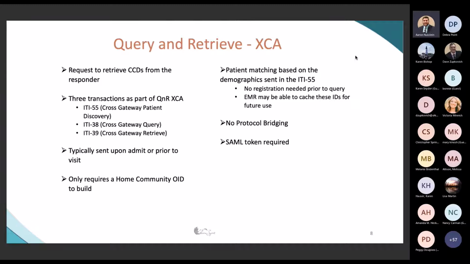And then the other protocol, like I mentioned earlier, is called XCA. This is essentially very similar to XDSB. However, it does not utilize MRN numbers to find a match within the HIE. It uses demographics.